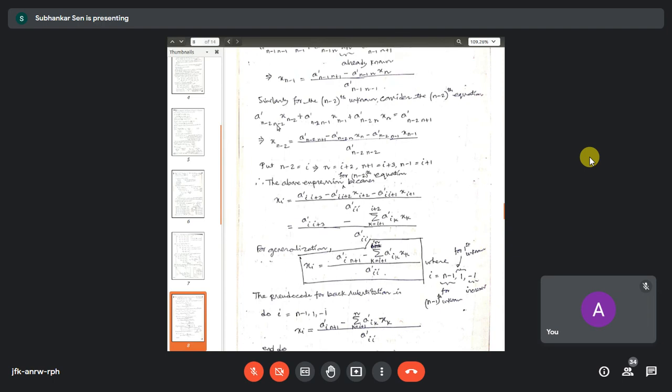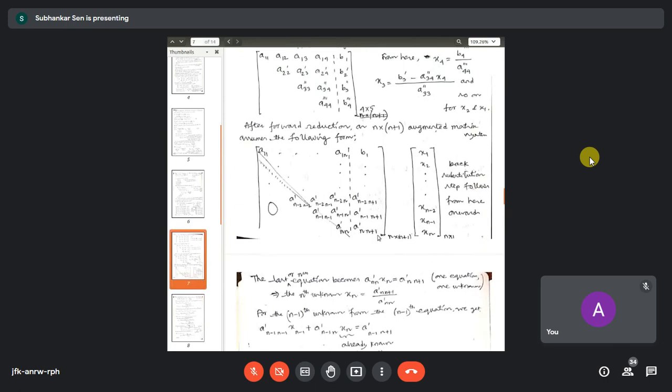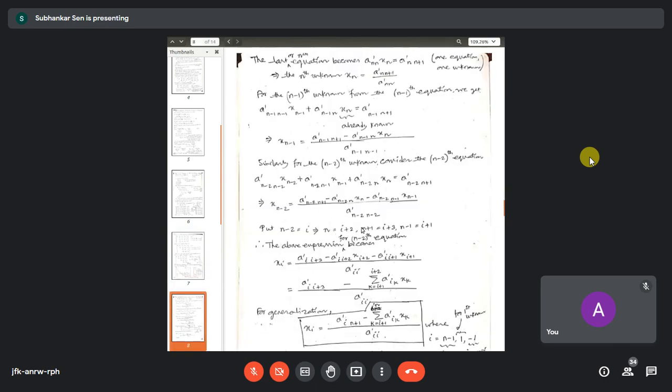If it is n-2, it must be n-2, it cannot be anything else. Then A dash Ij xj with n-1, n-1, and n, n. And this is the augmented matrix, the n+1th column, because this is the n+1th column. So it is very easy to understand. Now, you already know xn, and you have just calculated xn-1. These are known terms, shift them to the right hand side and divide by the updated diagonal. So this is your generalized form.